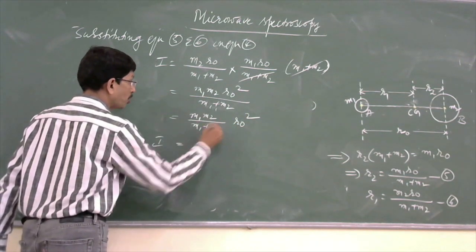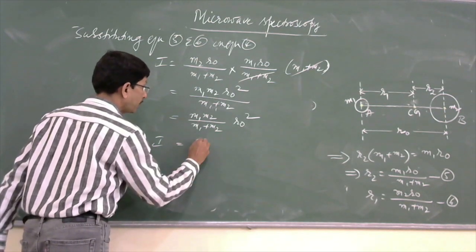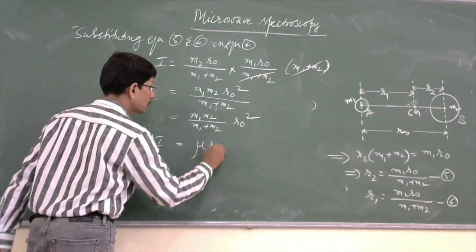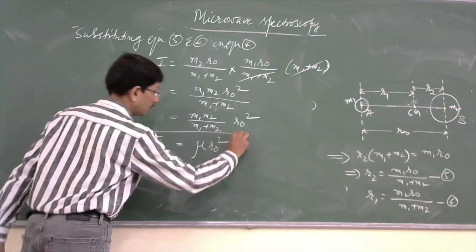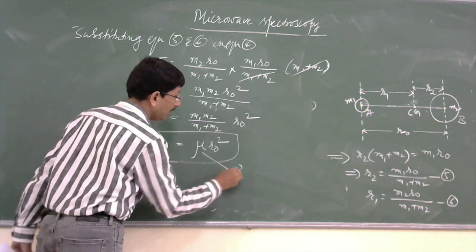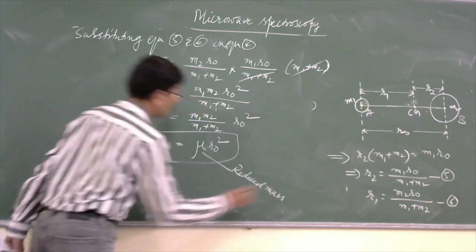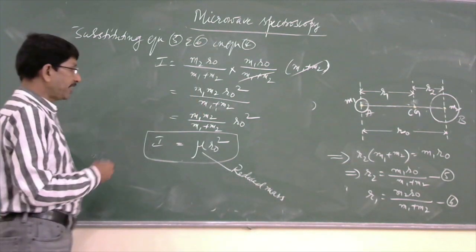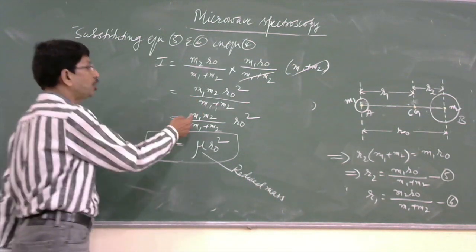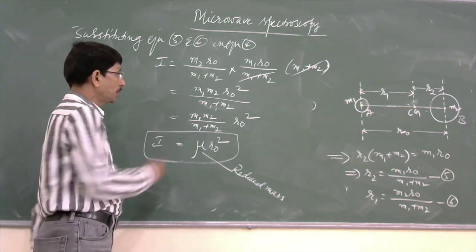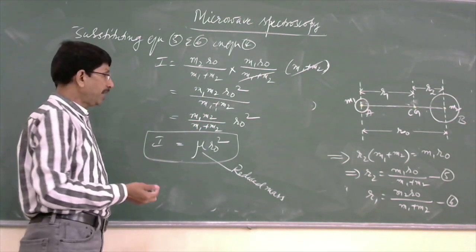This M1 M2 divided by M1 plus M2 is replaced by mu, where mu is called reduced mass. So reduced mass of a diatomic molecule is nothing but the ratio of the product of masses to the sum of atomic masses.